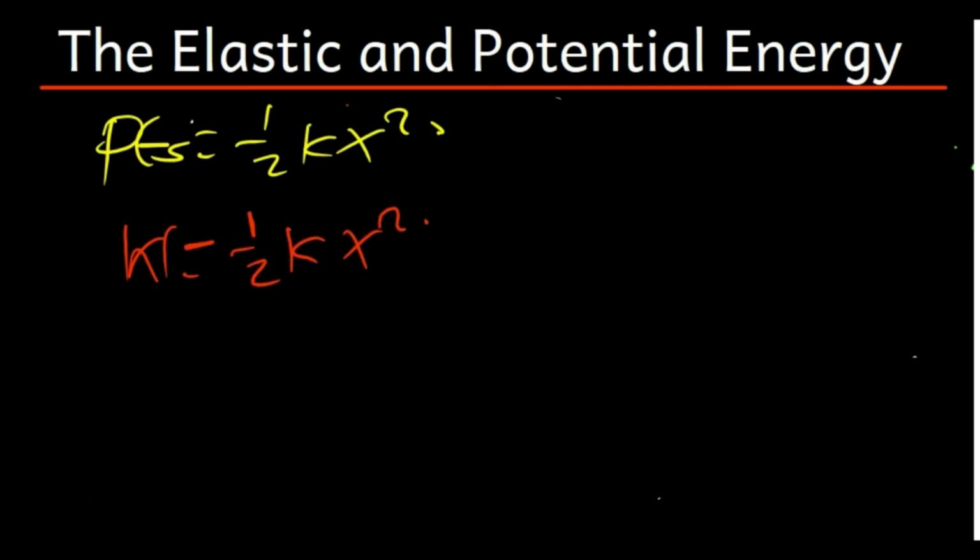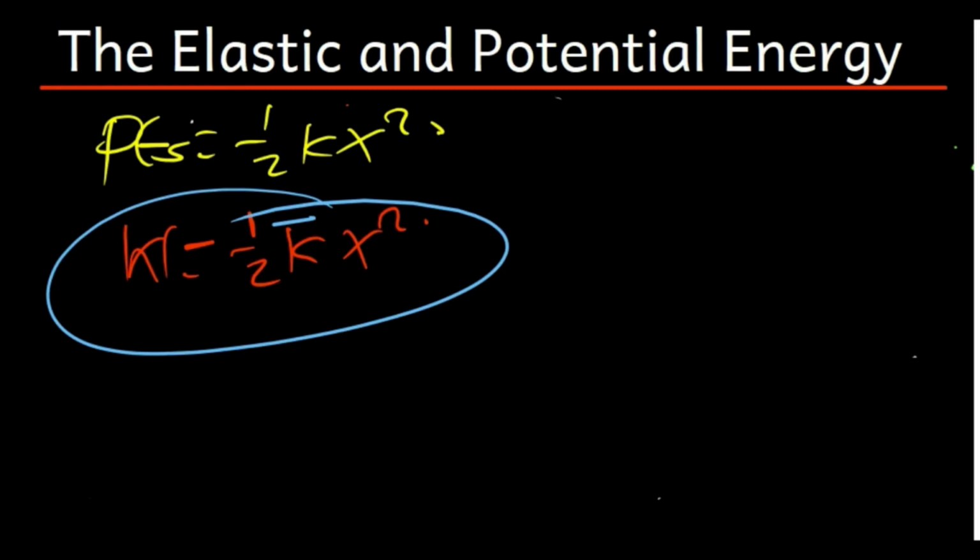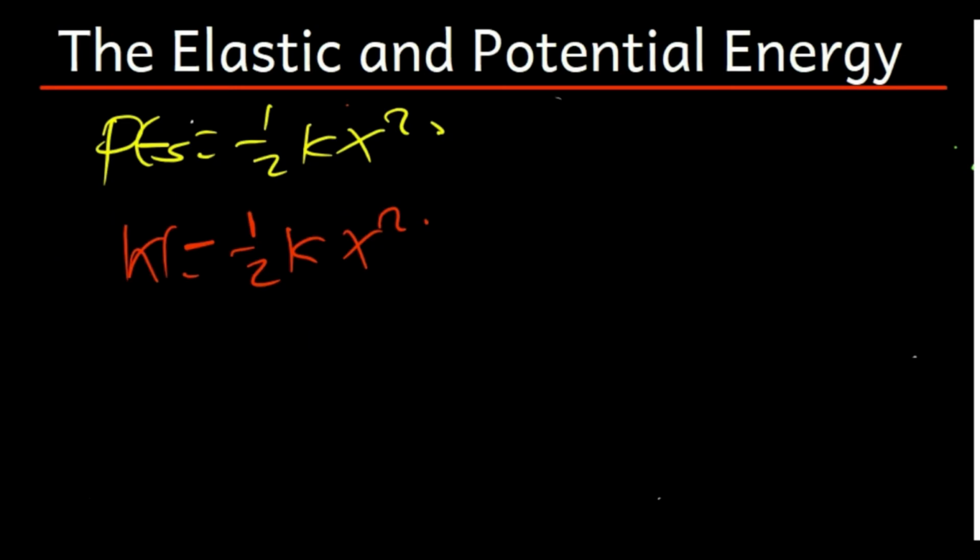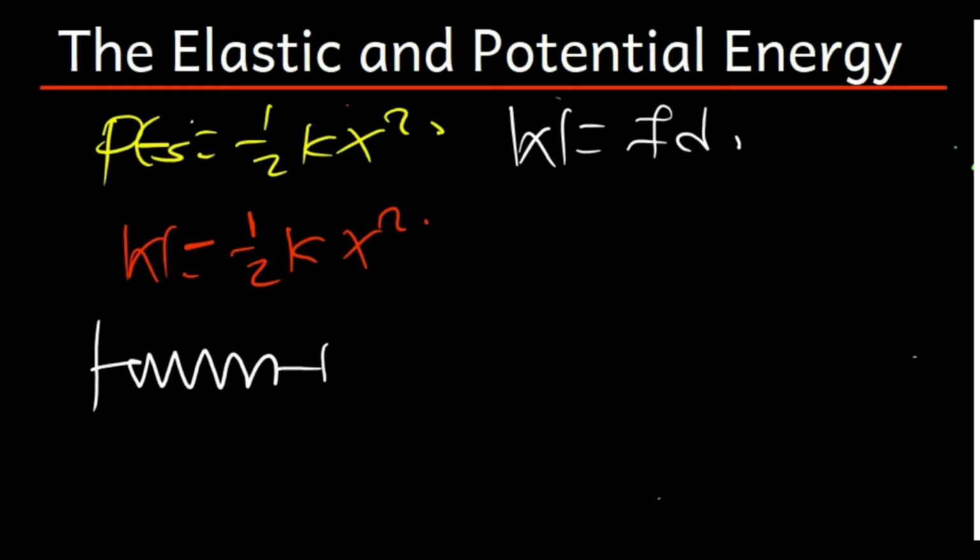But how can we show that the work done by the spring is given by this formula? That is also very, very important. From work, energy and power, we know that work is given by force times distance. But whenever we're talking about the spring, this displacement is going to be x. If this is the equilibrium, all the way from this to this is going to be x. So work will be equal to the force times x.